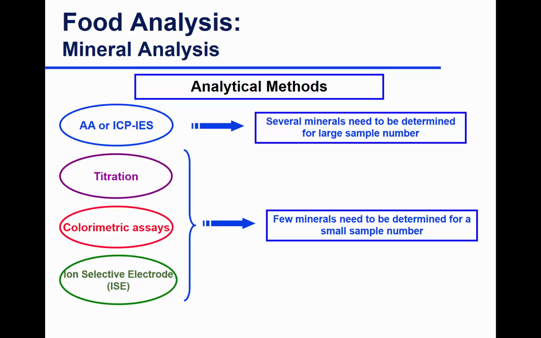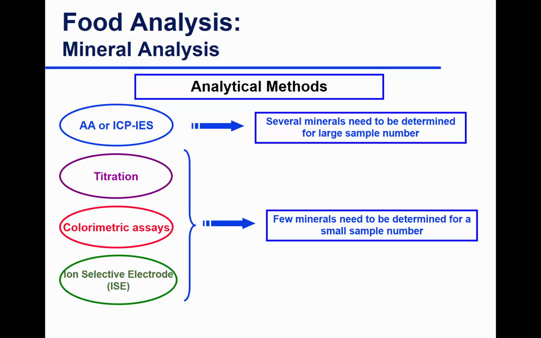They're often used when you have a really large number of samples that you want to analyze. But when you have few samples and select minerals, there are other traditional methods that are still used to date. You have the titration methods. We're going to talk about hard water and also salt titration methods. There is the colorimetric method.